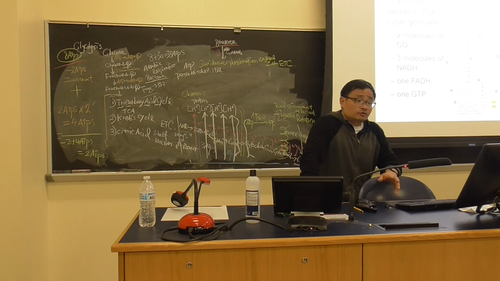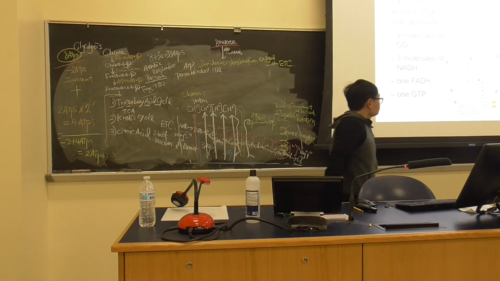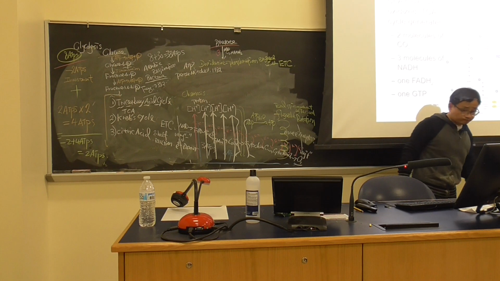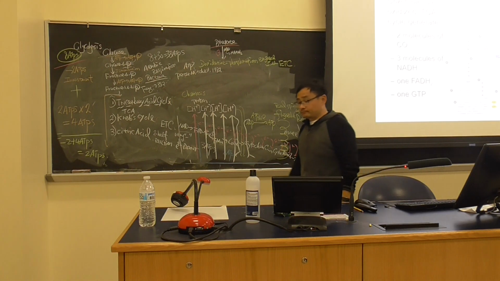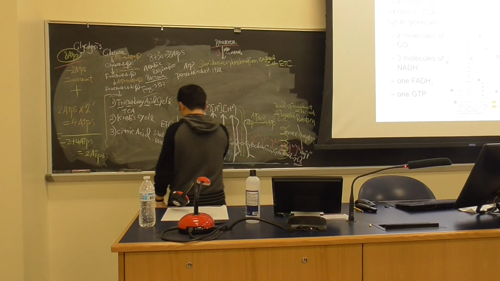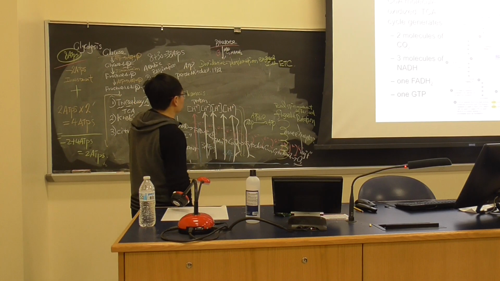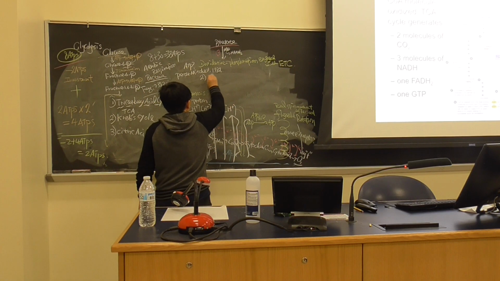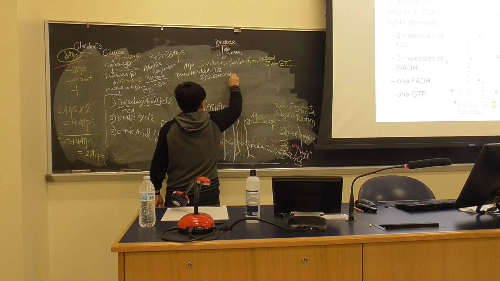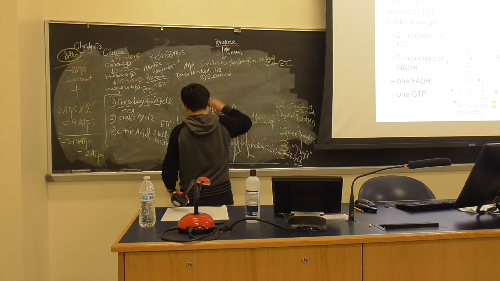Then you're going to ask, how about here? There is no NAD, there is no NADH2, no FAD. How come ATP comes out? This comes with another theory to generate ATP: substrate level phosphorylation.